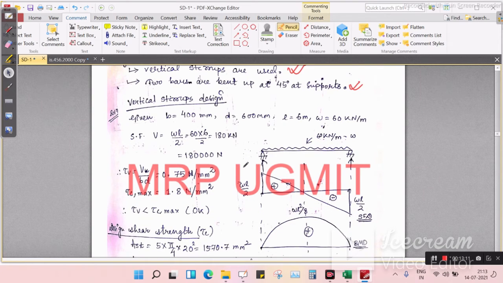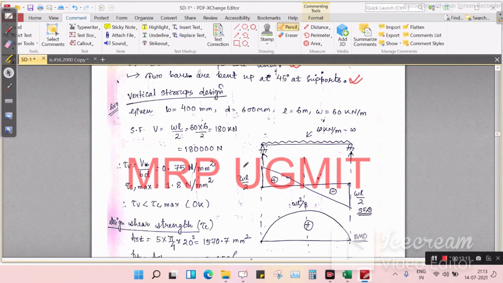So for vertical stirrup design, first is our vertical stirrup. How to design vertical stirrup? The width of the beam is 400 mm, the effective depth is 600 mm. L is 6 meters, and the UDL is 60 kN.